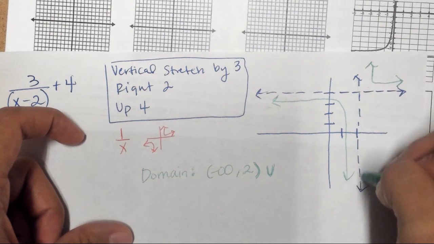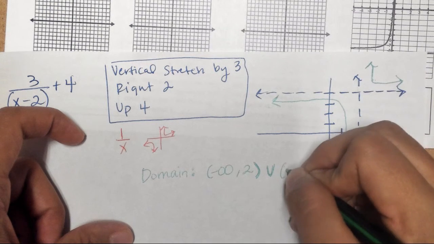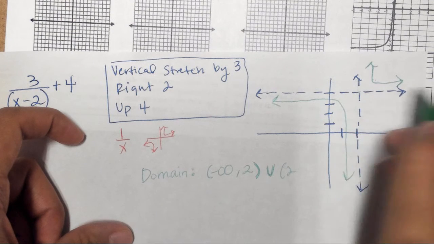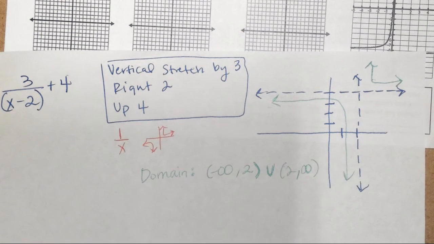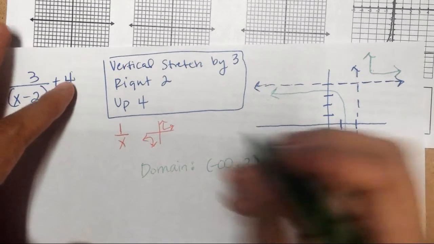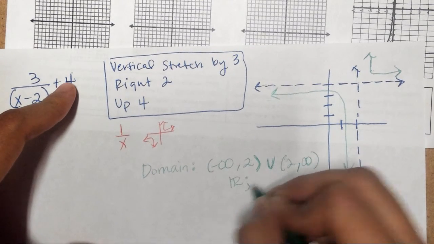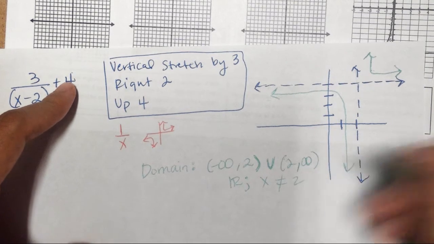I'm going to start again here at the asymptote. This arrow is getting really, really close to the asymptote, so that's 2 again, and then you keep going to the right all the way to positive infinity. That's interval notation. If you wanted to do it in set builder notation, it would just be all real numbers except your x cannot be 2.